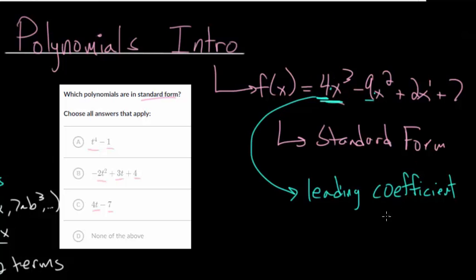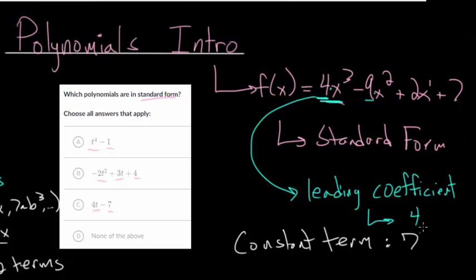So in this case, this would be 4. And you also do have what's called a constant or a constant term. Let me write that down. And the constant term is just the number that you're adding or subtracting at the end. Essentially the one that, if you wanted to, you can multiply by x to the 0, since that's just multiplying by 1, to continue that pattern. So our constant term in this case would be 7.